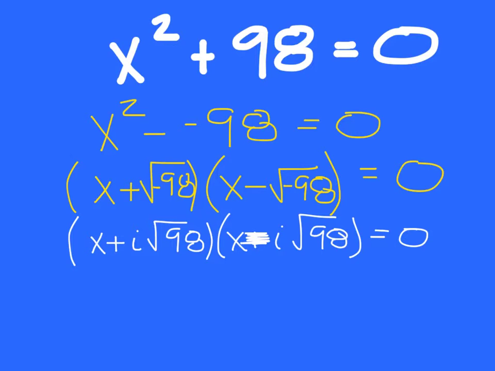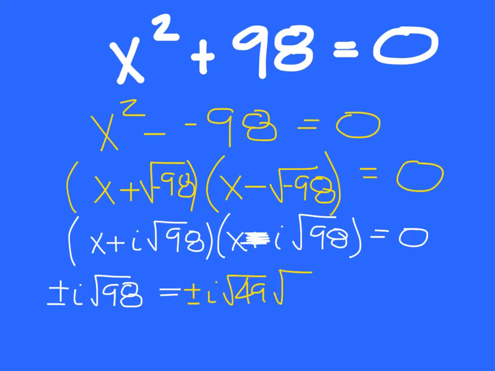Before that, answer it: plus or minus i square root of 98. After I have that, then what do I do? We have to simplify. What's the highest perfect square that goes into 98? 49. So we have plus or minus i, square root of 49 times square root of what? 2. So our final answer is plus or minus 7i square root of 2.